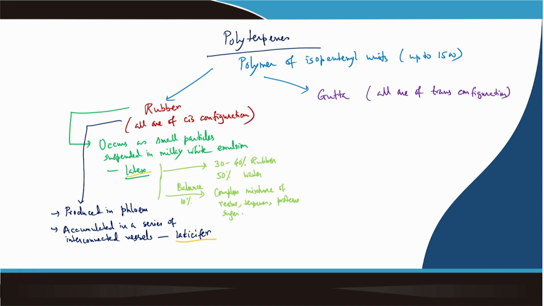Now, I have to give you some examples of rubber producing plants. The classical example is Hevea brasiliensis, the typical rubber producing plant, which is called Hevea.